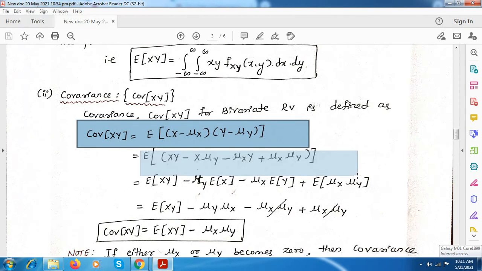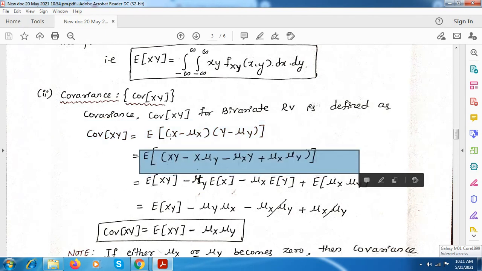So if you just multiply these things, that is x into y here, and minus x into mu y, and here it will be minus mu x into y, and this will be plus mu x into mu y, and take this expectation to all the terms.